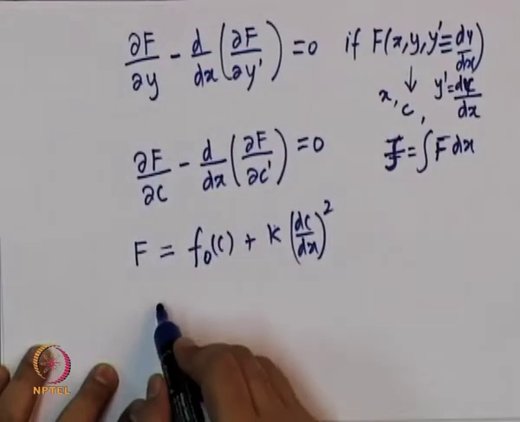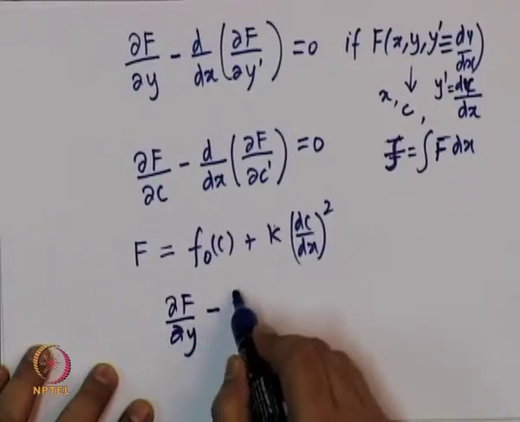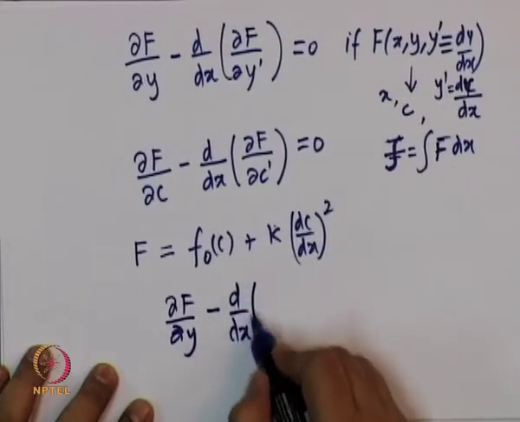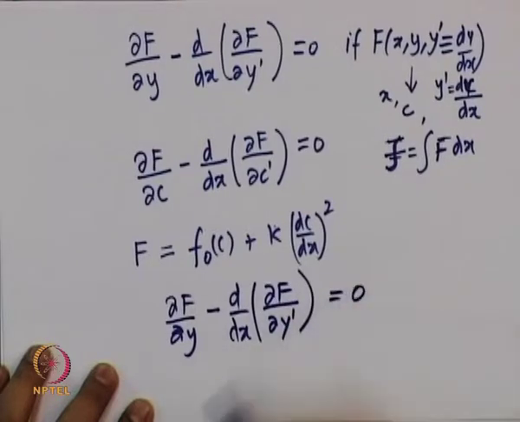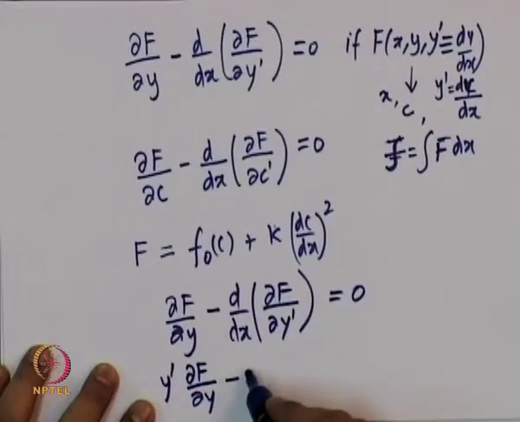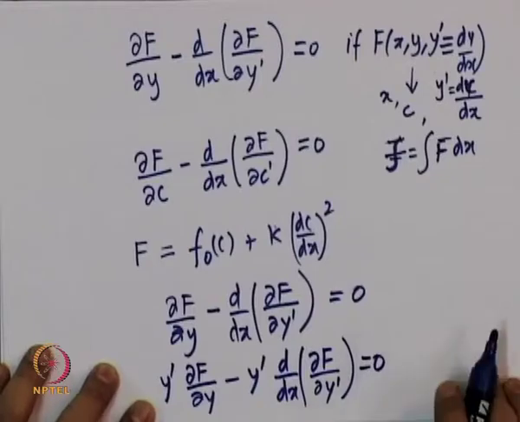So, let me take ∂f/∂y minus d/dx of ∂f/∂y' equal to 0. Let me multiply by y': y' ∂f/∂y minus y' d/dx of ∂f/∂y' equal to 0.